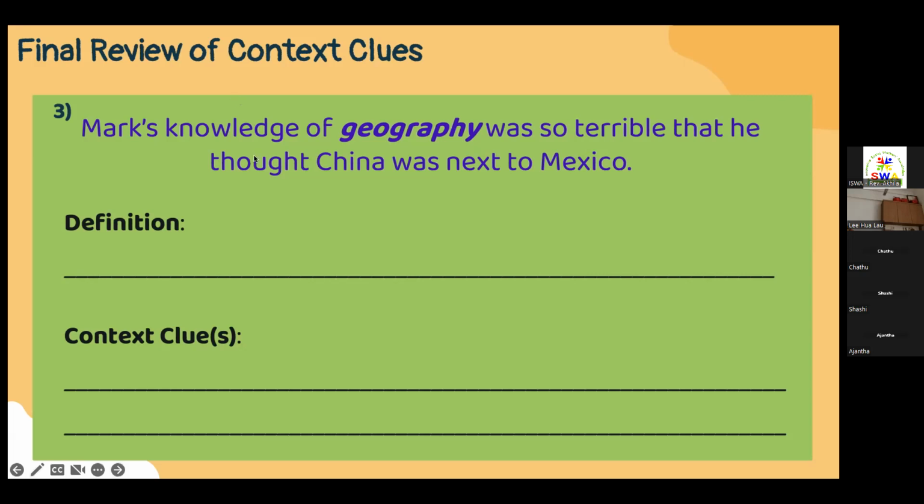Okay, that's good. I think you understand the meaning of geography. The meaning of geography is the study of the environment, or the physical study of the earth.